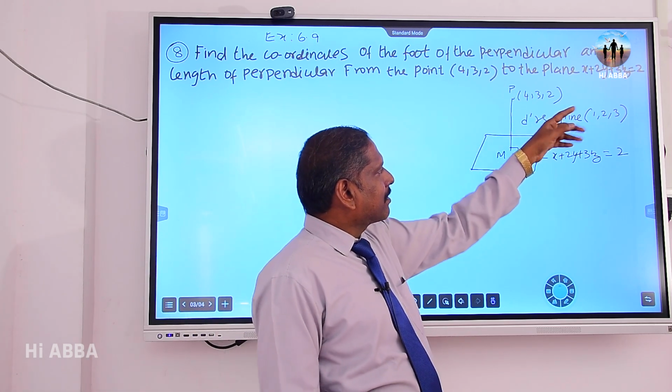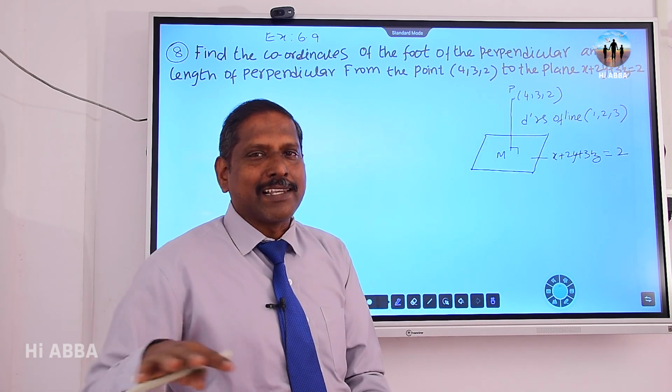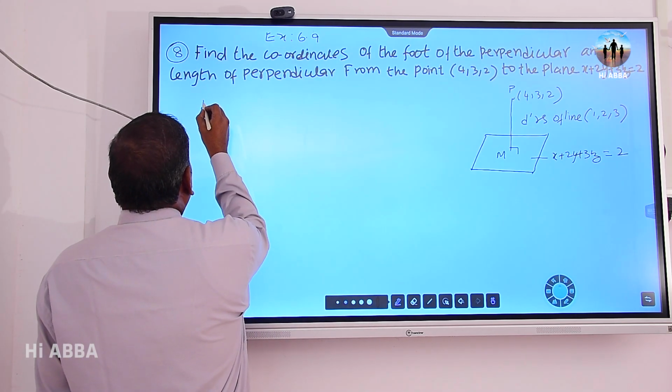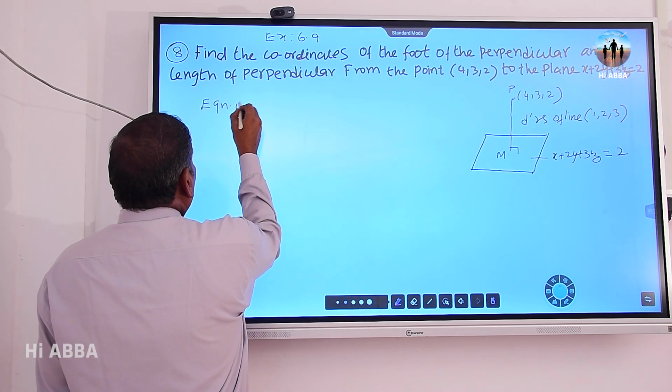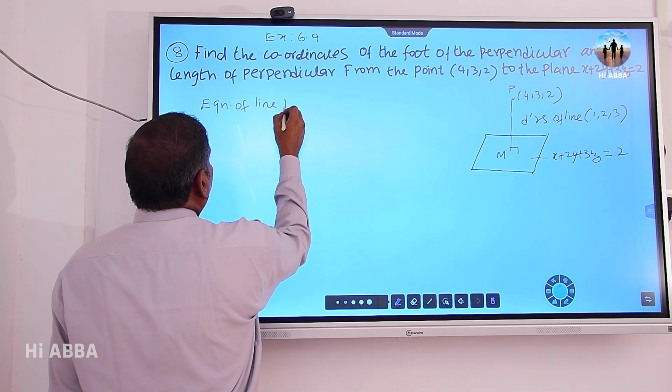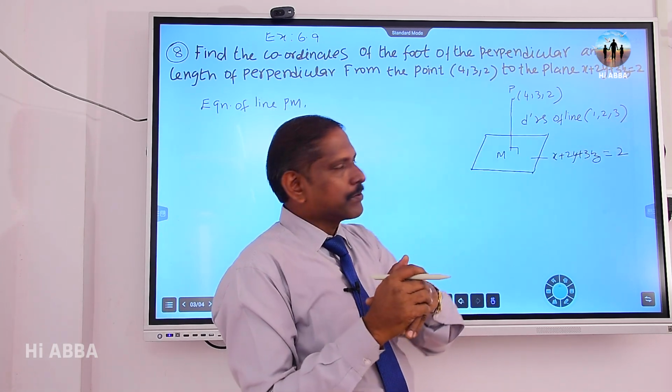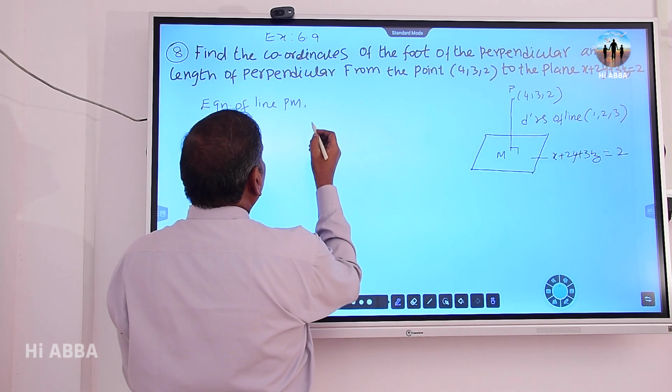So the point is there and the direction ratios are there. You can easily write the equation of the straight line. So let us write the equation of line PM. You have one point as well as direction ratios. So what will be your equation?